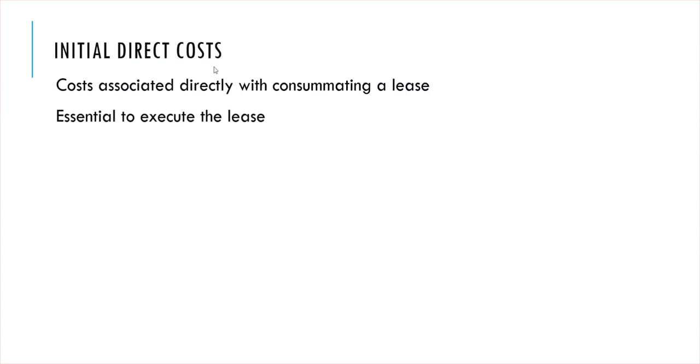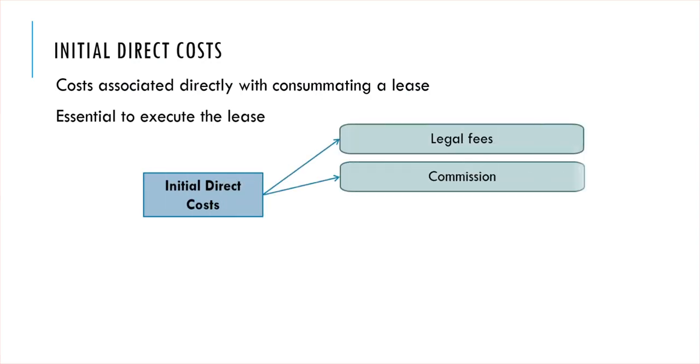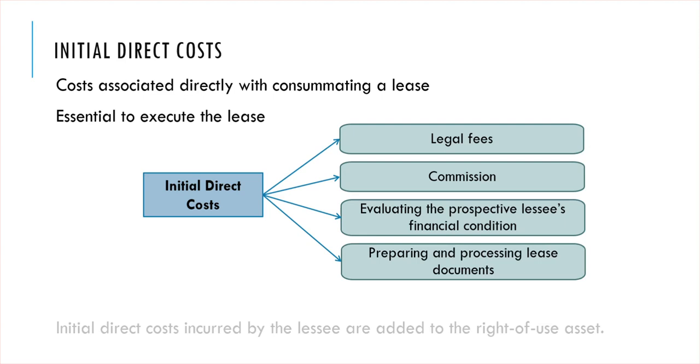Now, initial direct costs. What about the costs that are important here? You've got legal costs, and all these things that can actually happen here. If it's the lessee who is having those costs, remember any cost associated with the use of an asset that is necessary should be added to the asset, right?